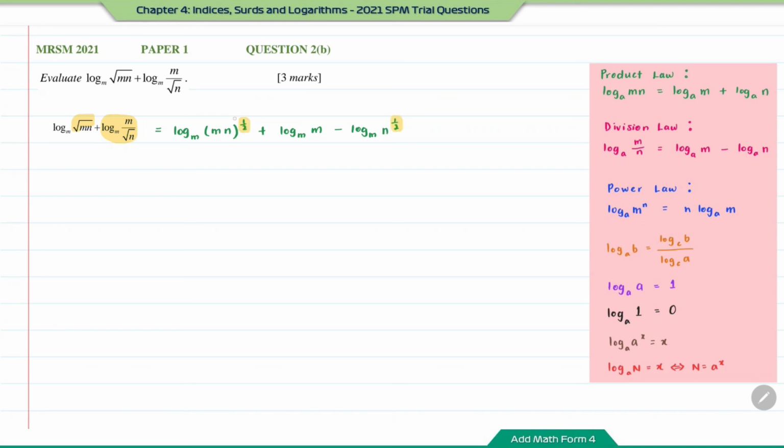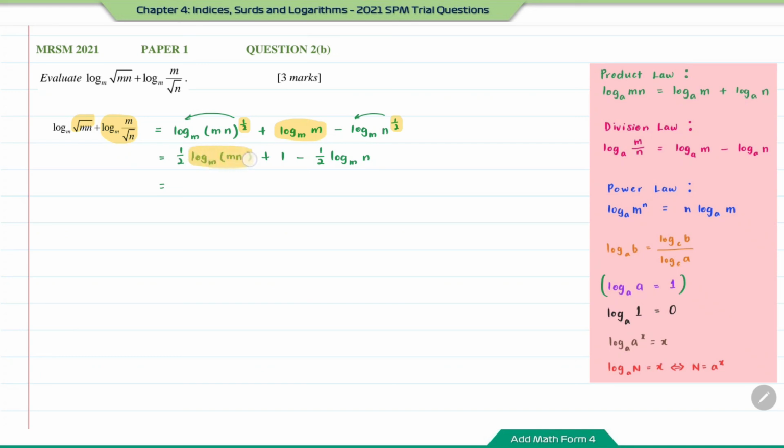Next, using the power law, I'm going to move this power 1 over 2 to the front. So it's going to be 1 over 2 times log base m of mn. Now, this log base m of m is equal to 1, minus 1 over 2 log base m of n.